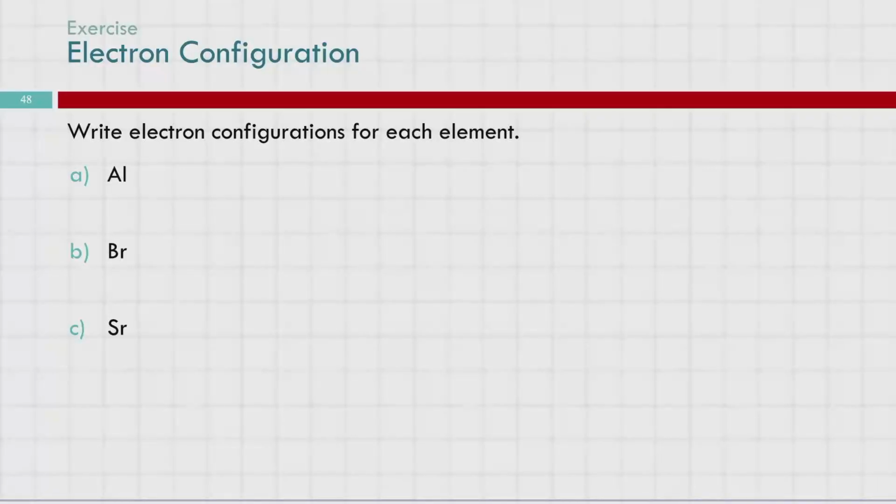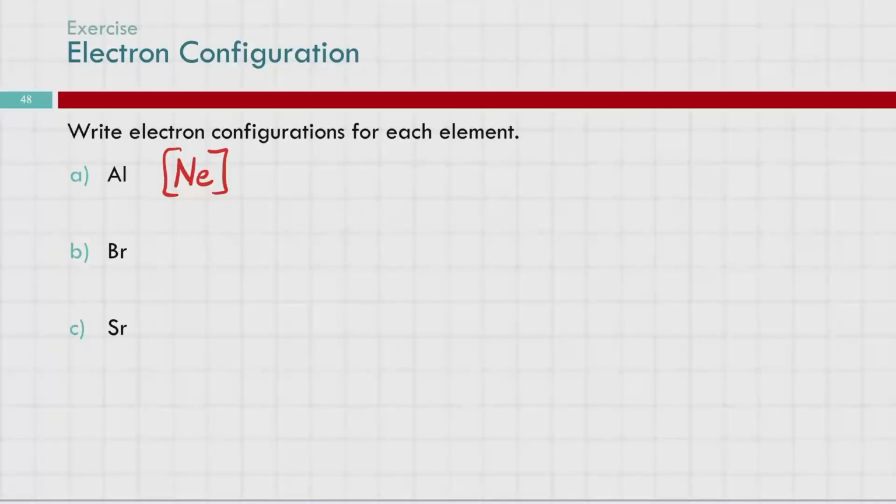First one we're looking at is aluminum, so we're looking at the 3rd row, the far left side of our second part of our main group. Aluminum is not in the first row. So we can go back to the previous noble gas, which is going to be neon, Ne. So we've got neon, put in brackets.